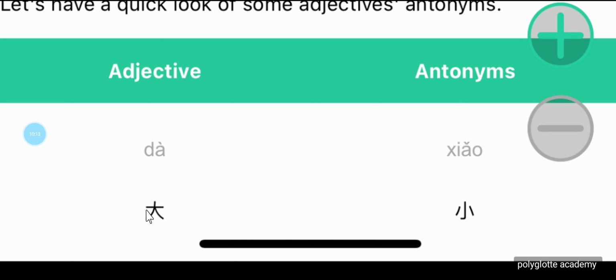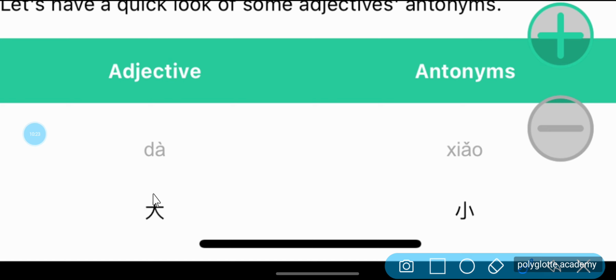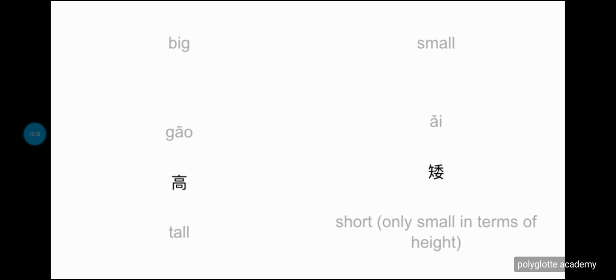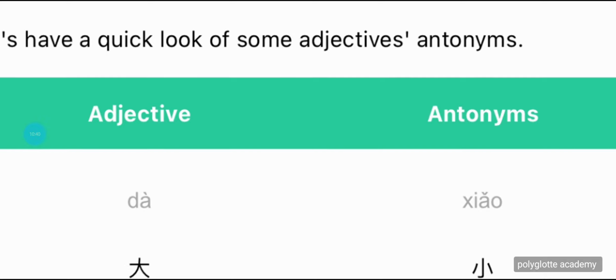We have 大, which means big. 大, 小, which is big and small. So 大, big, and we have 小, small. 非常好. So 大 big and 小 small. 你明白吗？好，我明白. So let's move on to the next screen.